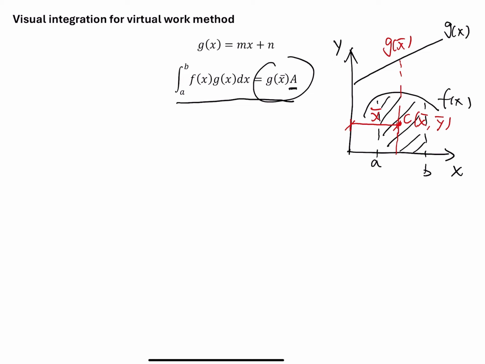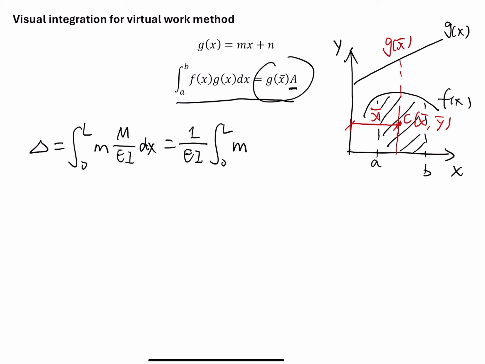As we know, using virtual work, the expression to calculate the beam deflection is delta equal to the integral from 0 to L of small m, the internal bending moment in the virtual system, times capital M, the internal bending moment in the real system, over EI, times dx. We can put EI outside of the integral, so we have 1 over EI times the integral from 0 to L of small m, capital M dx.